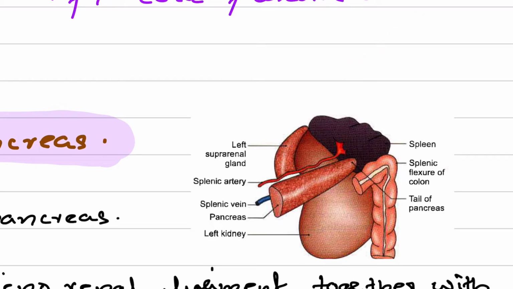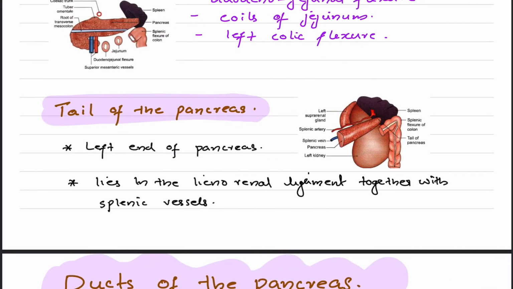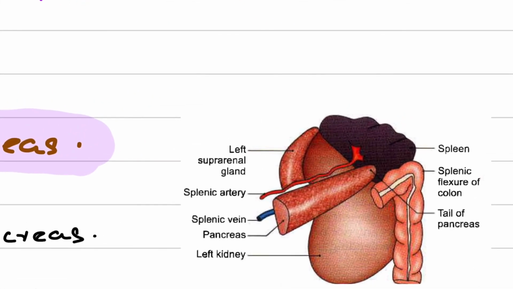So the lieno-renal ligament is the peritoneum that is attached between the spleen and kidney. So the tail of the pancreas lies in the lieno-renal ligament together with splenic vessels. See, this is the splenic artery, the splenic vein is here.